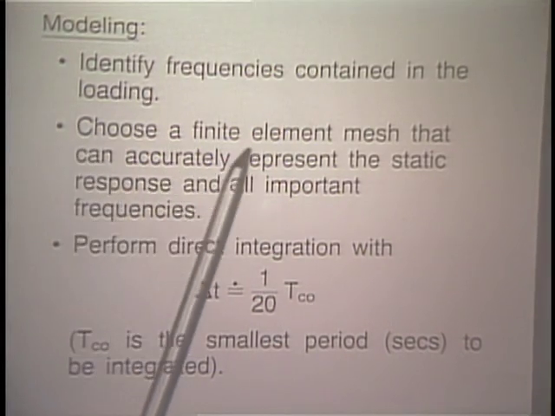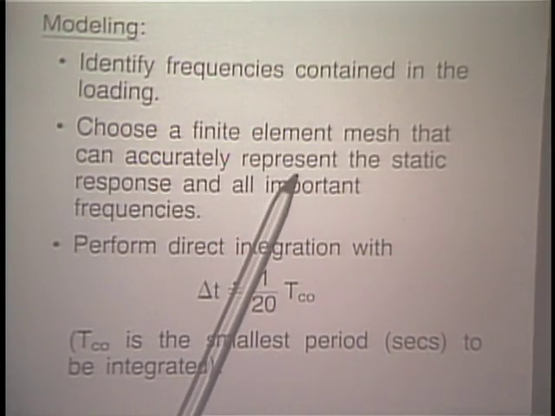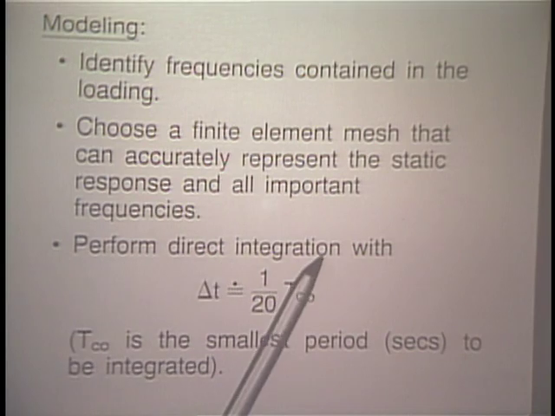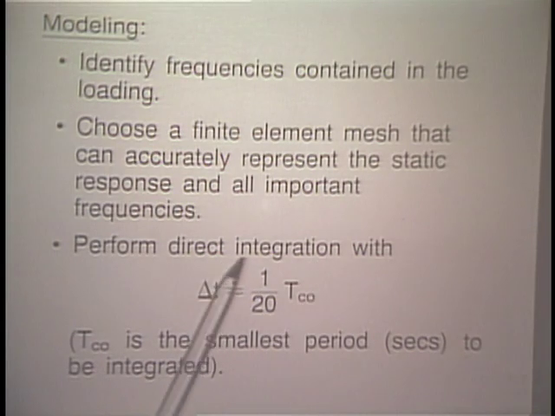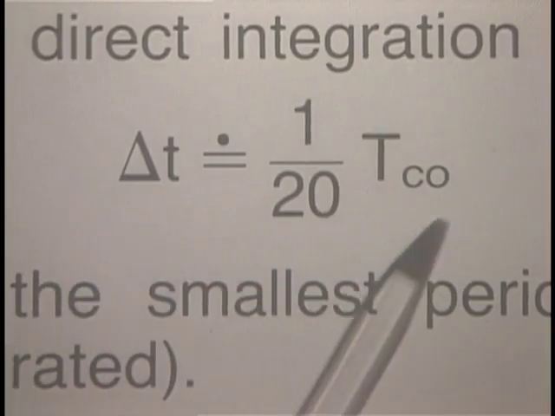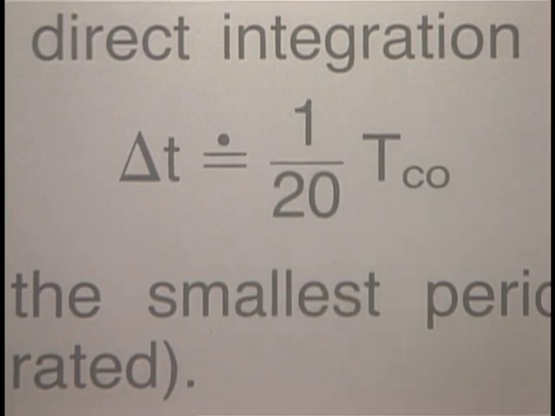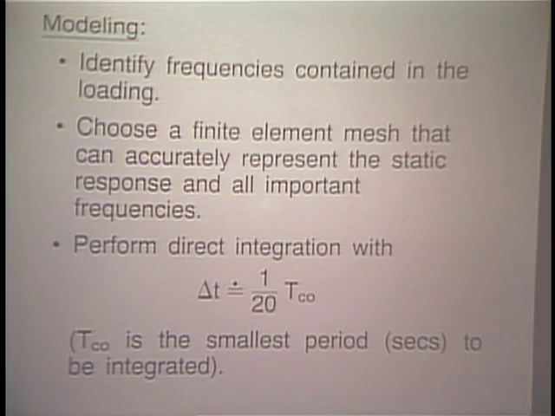We choose a finite element mesh that can accurately represent the static response and all important frequencies. And then we perform a direct integration using this time step here, where TCO is the smallest period in seconds that we want to integrate.